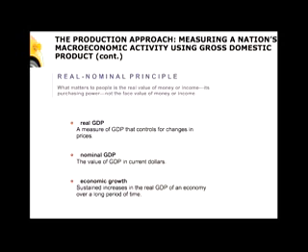Now we want to be able to differentiate between two different measures of GDP, where real GDP is a measure of GDP that controls for changes in prices. This is GDP that does not go up when prices go up. It only goes up when production goes up. Nominal GDP is the value of GDP in current dollars. Nominal GDP can rise for two reasons.